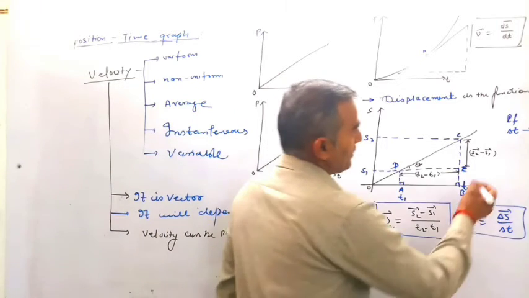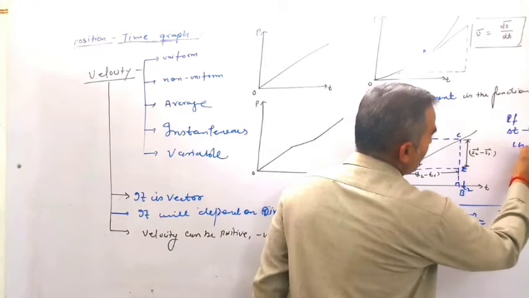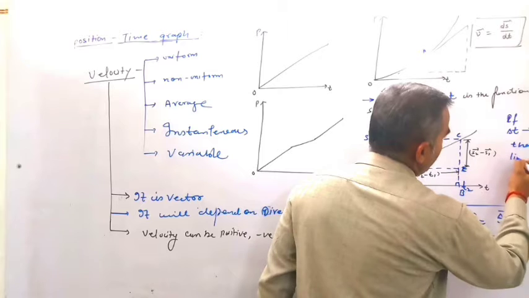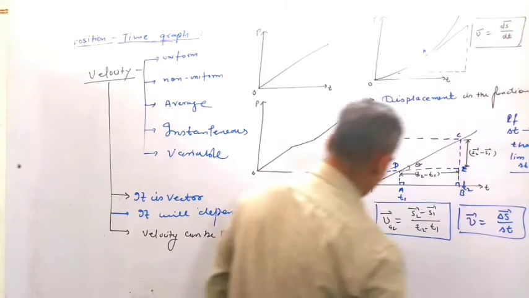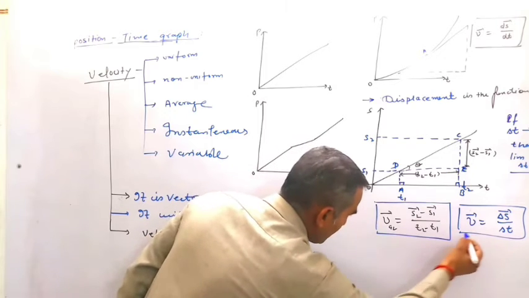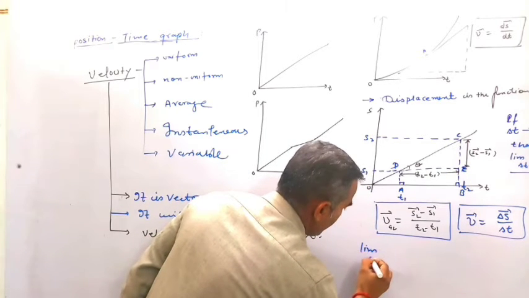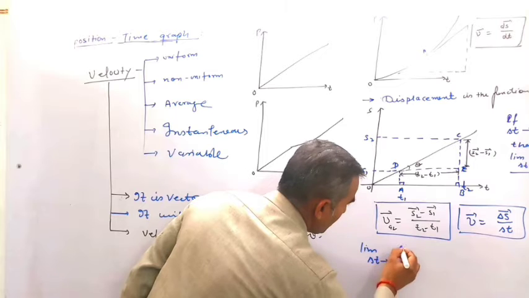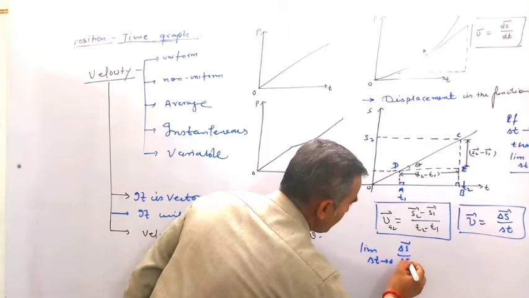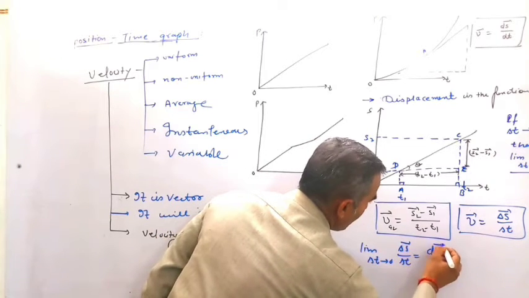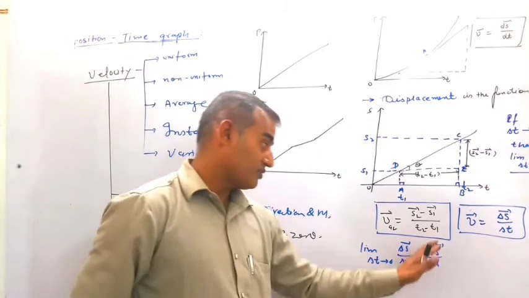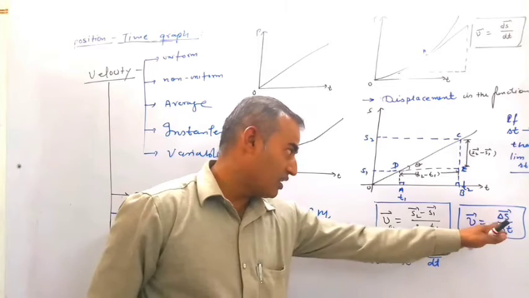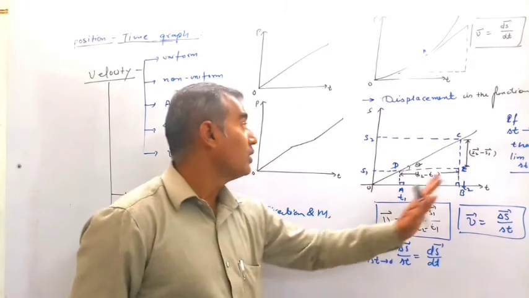Means delta t tends to 0, then limit delta t tends to 0, delta s by delta t is equal to ds by dt. Okay, this is the instantaneous velocity and this is the average velocity.